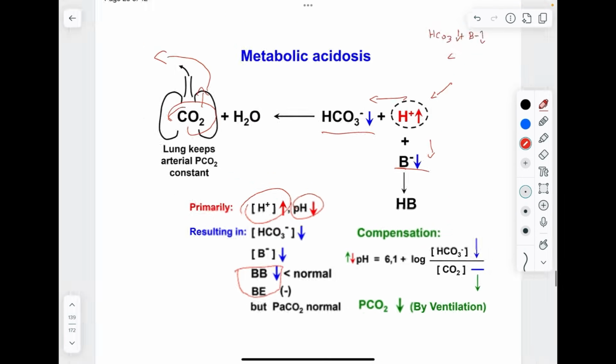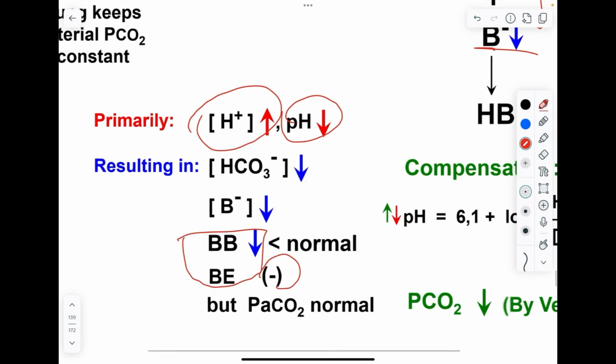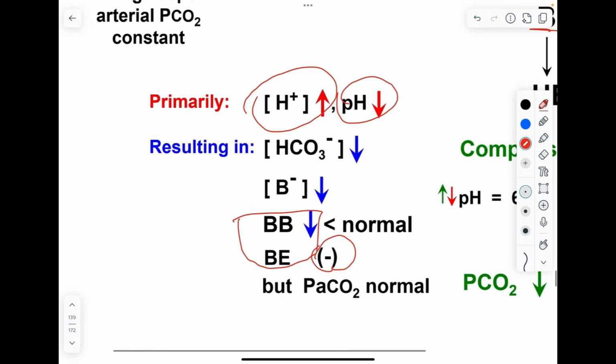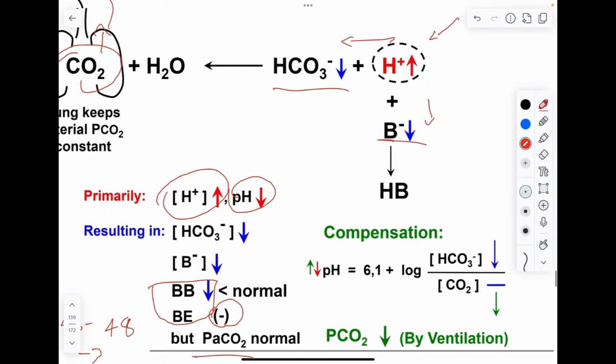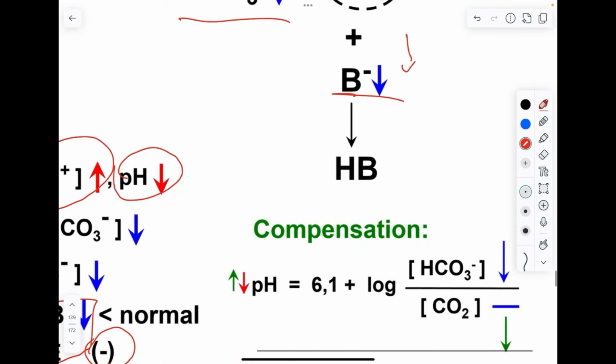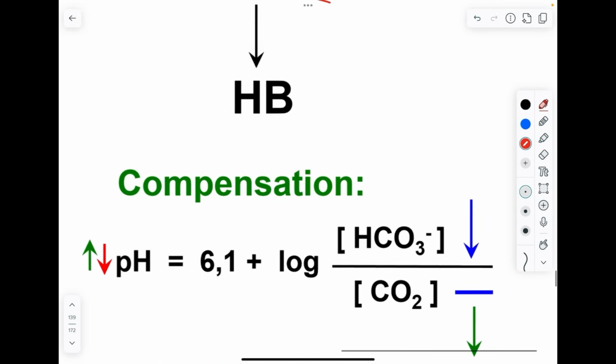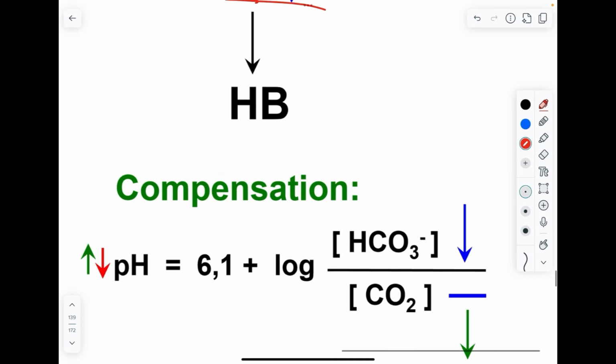If it's lower than normal, the base excess will be negative, because as we said, the normal is 48. If it's 45, you subtract it, and it will give you a negative number. And the PaCO2 will be normal, as we said, because CO2 does not change since the lungs keep it constant. So this is what happens.